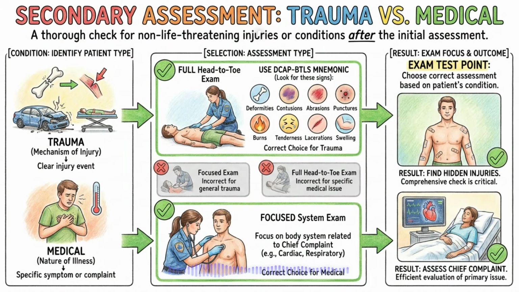For a medical patient, the secondary assessment is usually focused only on the specific body system related to their chief complaint. The exam will test your understanding of when to perform a rapid trauma assessment versus a focused medical exam based on the mechanism of injury.